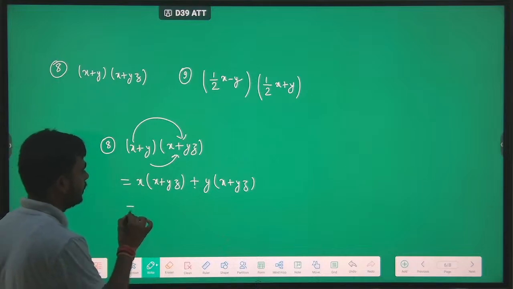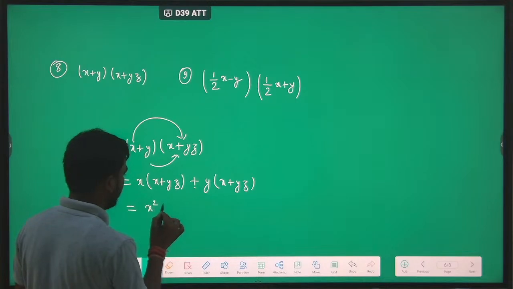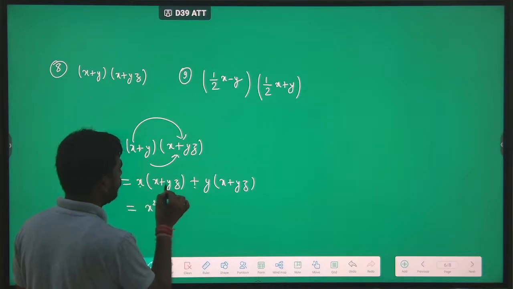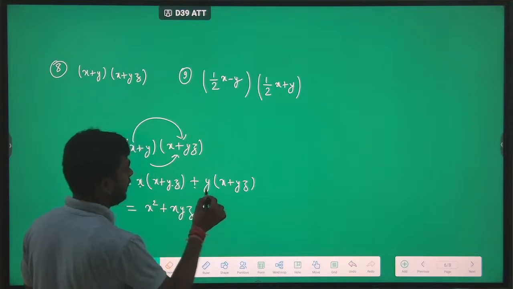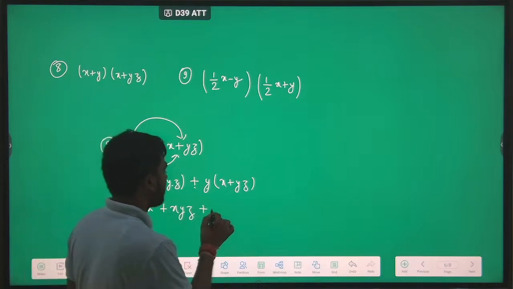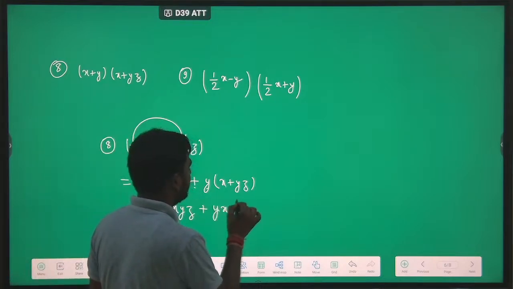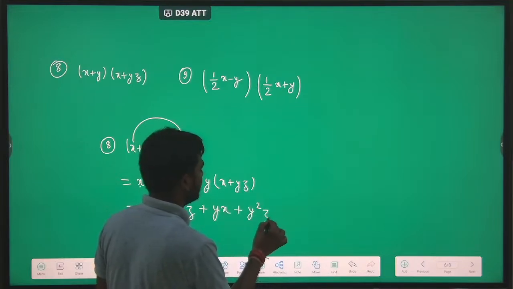So, this x into x will be x square, plus x into y into z will be xyz. Similarly, y into x will be yx, and y into y square and y into z, overall it will be z.